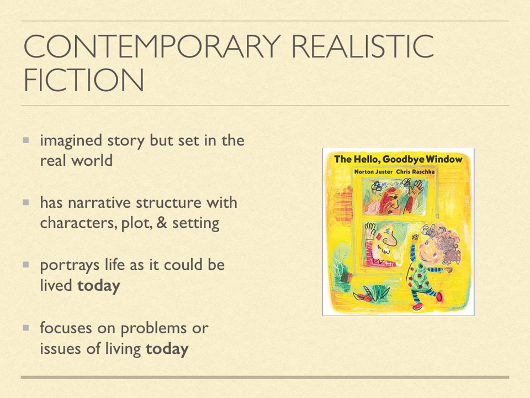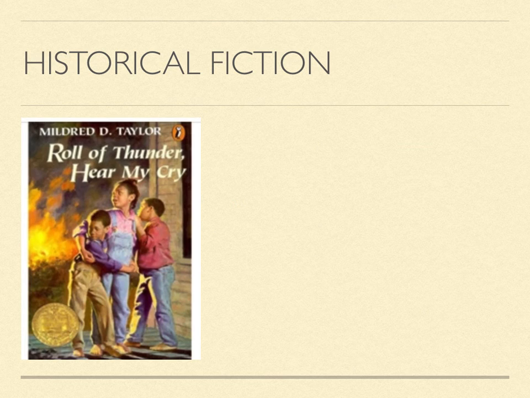So the key here is that it is contemporary. It could really actually happen. I have an example here on the slide of The Hello, Goodbye Window. It's a story about a little girl going to stay with her grandma and grandpa. It could really happen in the real world as it is presented in this story. So that's contemporary realistic fiction.